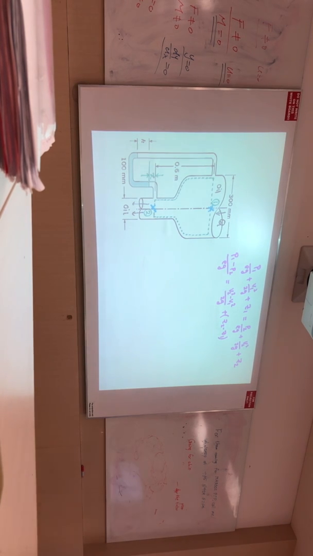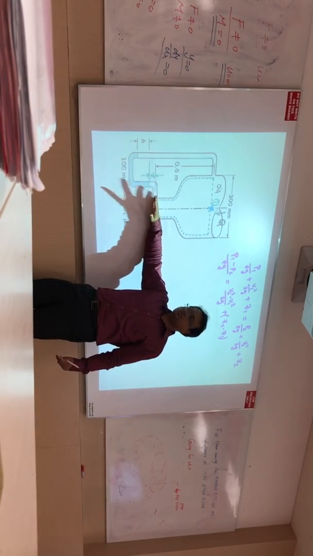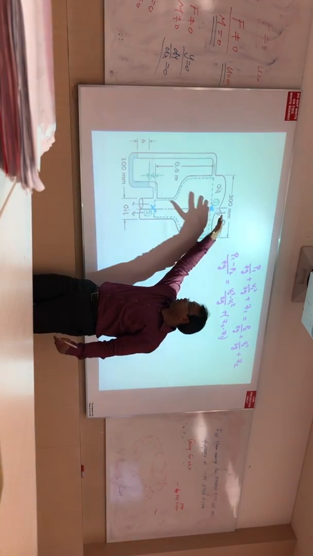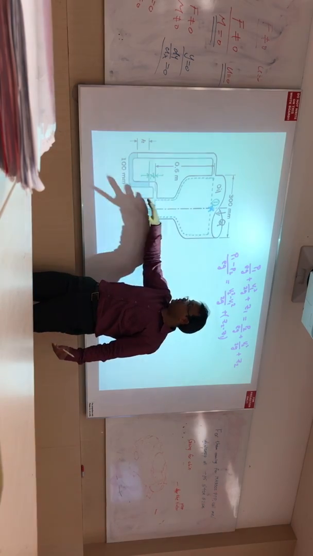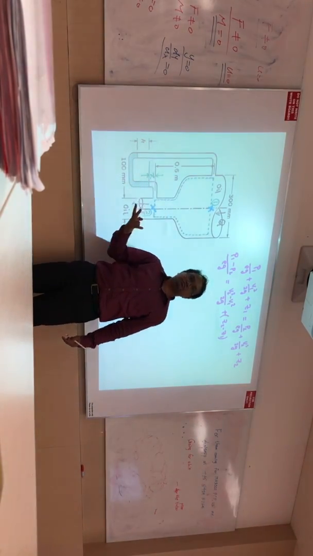I put the reference point here. Z2 is here, 0, right? Z1 is here. So Z2 minus Z1 is minus 0.6, so Z1 minus Z2 is plus 0.6.